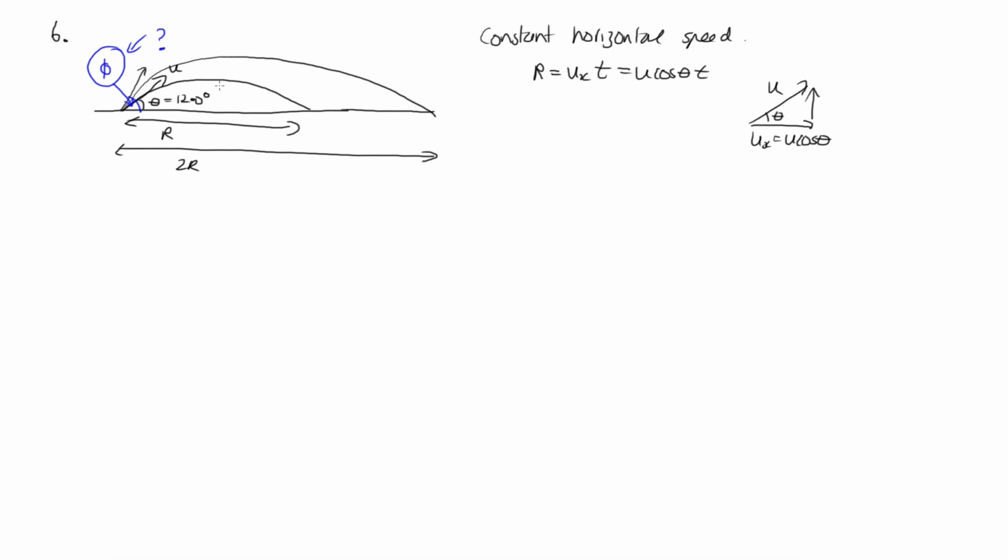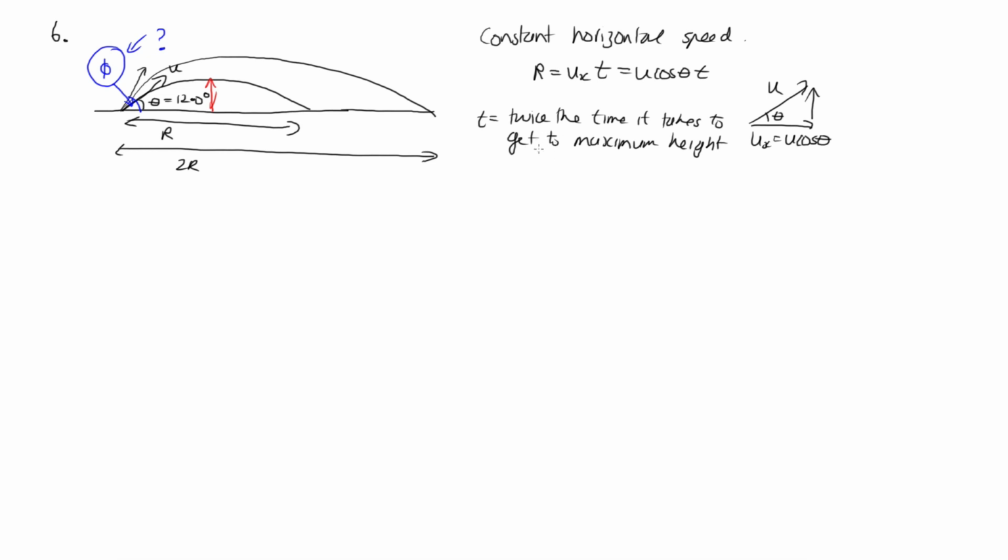To work out the time of flight, we can work out the time to maximum height, and we know that t is equal to twice the time it takes to get to maximum height, because as long as we ignore air resistance, it takes as long to go up as it does to come back down. It's all completely symmetric.